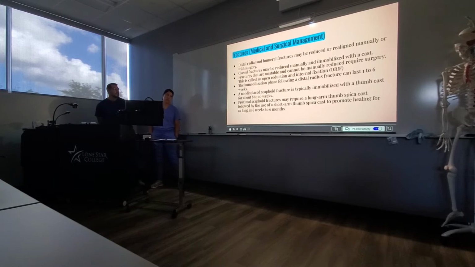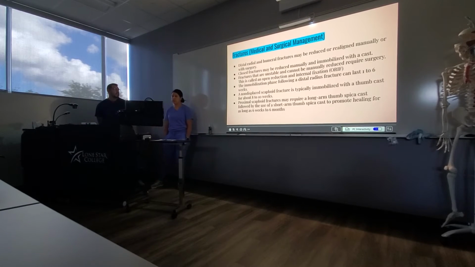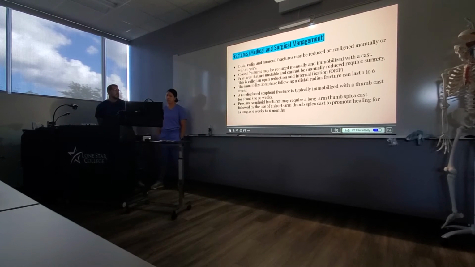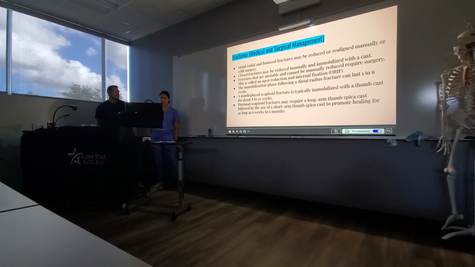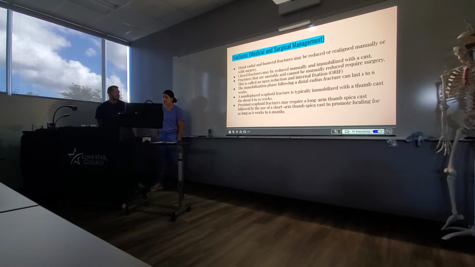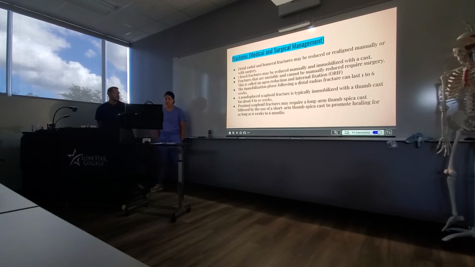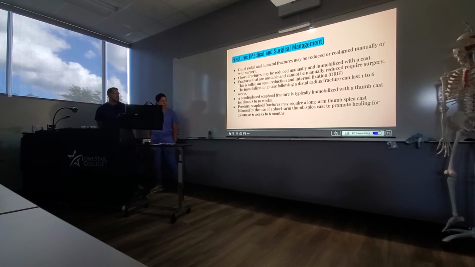As Sarah mentioned, one type is a closed fracture, and those can be reduced manually or immobilized with a cast. For fractures that are unstable and cannot be manually reduced, those will require surgery, and this is called an open reduction and internal fixation.